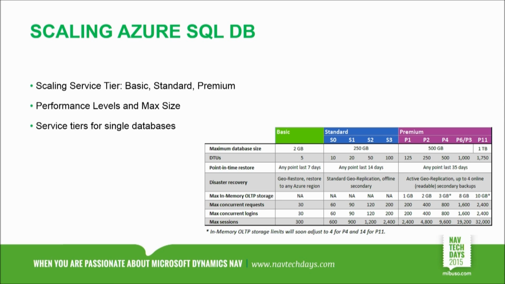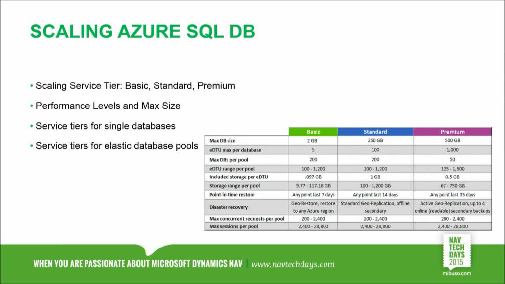For NAV, you usually need to use standard or maybe for some big project premium, but standard is well enough. In standard, we can use 250 gigabytes for databases. If you think that NAV on Azure SQL with the standard model is for pretty easy and small companies, this is enough for them.